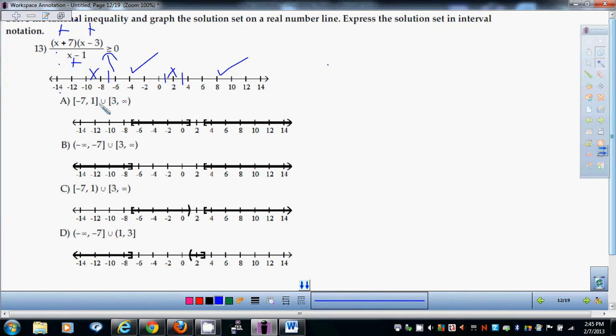So that would mean our interval is from negative 7 to positive 1 with a parenthesis, and then 3 with a bracket to infinity, which, looking at the actual choices written out here, would mean it was C. Negative 7 to 1 and 3 to infinity.